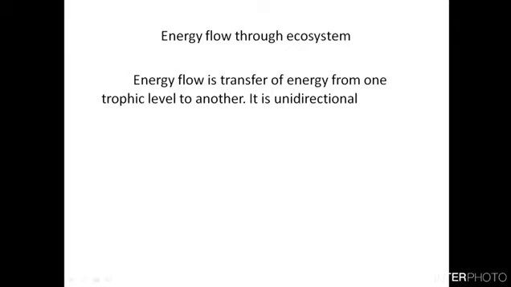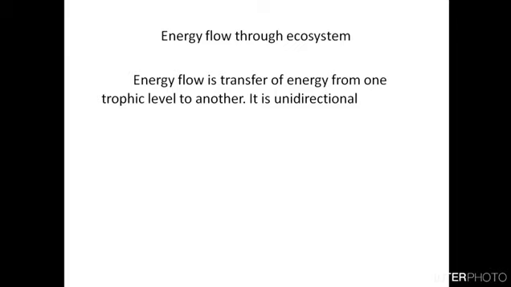Trophic level is nutritional level. That means from the plants it will go to the primary consumers, secondary consumers, and tertiary consumers. So energy will be flowing from one trophic level to another. This is known as energy flow through the ecosystem. The energy is actually the energy which has been captured by the plants from the sun.